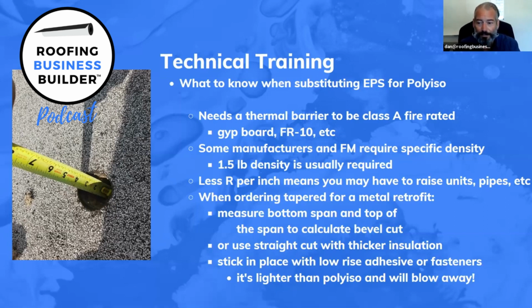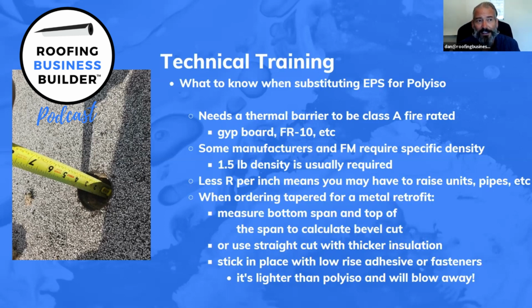Well, the first one is that even the fire rating is different. If you're wanting to do a Class A fire rated system, say if you're doing an FM, a Factory Mutual job, you have to have a barrier that's fire resistant that fits in the specification. So you might want to look at using a gyp board, or you might even be able to use FR10.